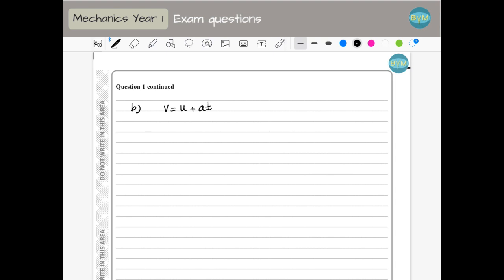So v, the final velocity, is minus 10. The initial velocity is what I just found, 8, plus the acceleration, which is minus 10, times the time, which is what I need. And from here, the time is 9 over 5, or 1.8 seconds. That's my second answer.